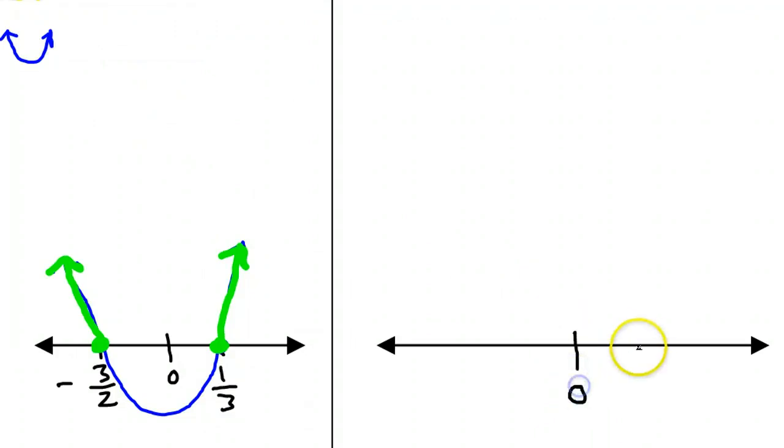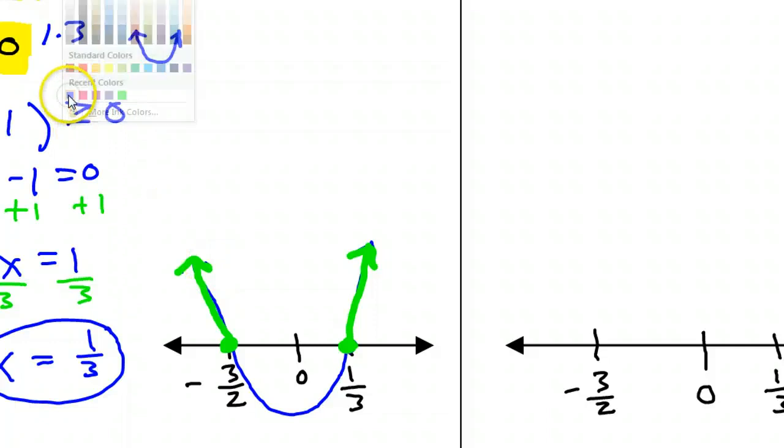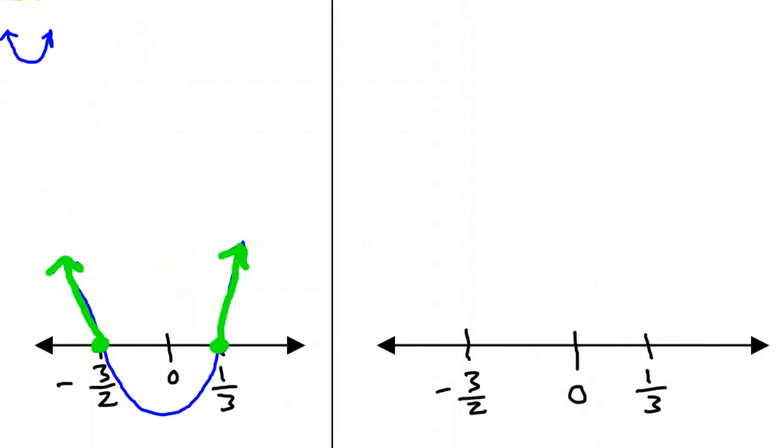Okay, so there's 0, there's 1/3, and here is -3/2. Because it's greater than or equal to 0, I'm going to use closed circles for the boundary points. Okay, because that's where it's equal to 0, and we get to include that.